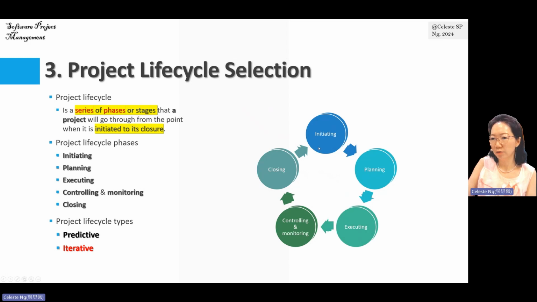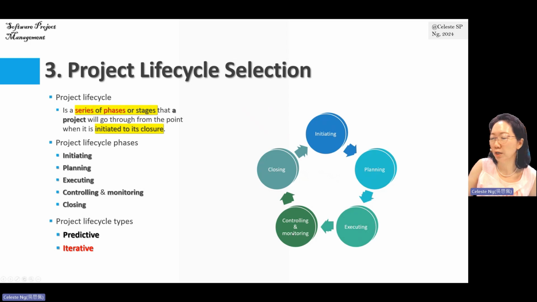In short, this kind of iterative project lifecycle, sometimes we call it feedback driven. We are allowed to go back. This kind of lifecycle is encouraged if we are not sure of the project requirement, the user requirement, throughout the project. This is very different from the predictive lifecycle, where we assume that from the very beginning we know exactly what we want to do.